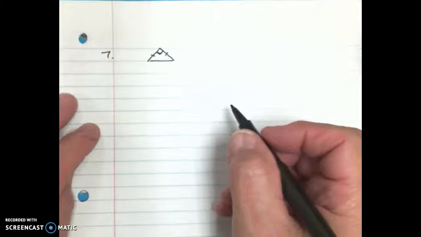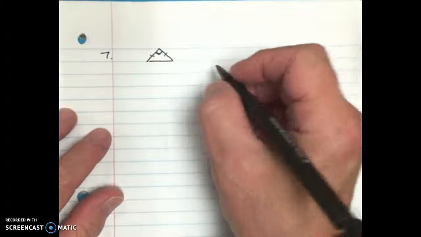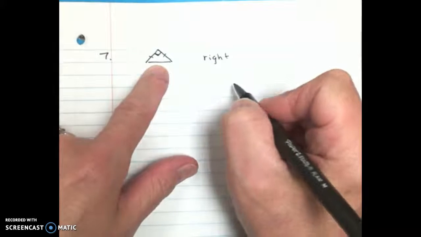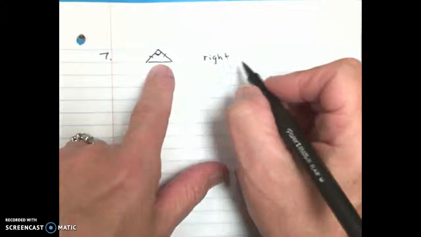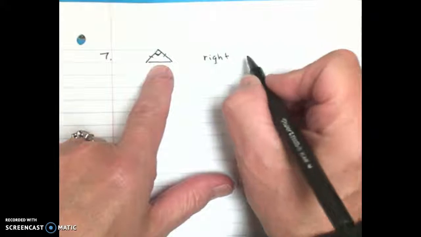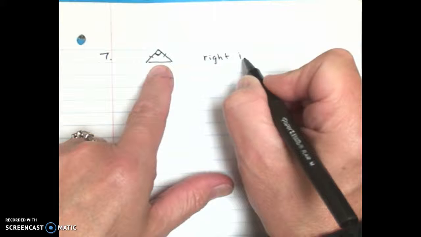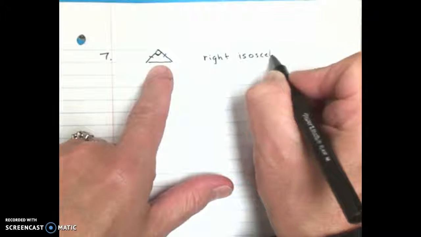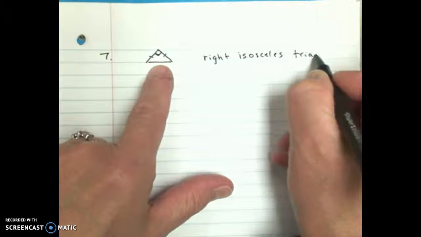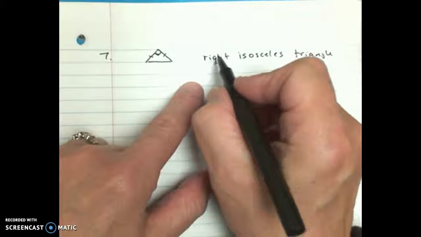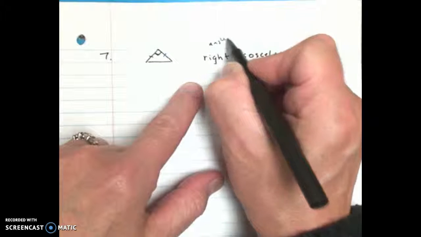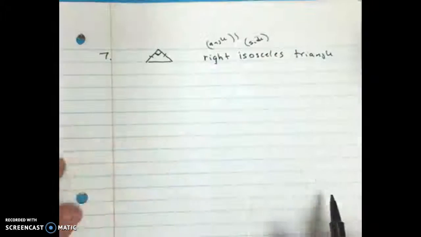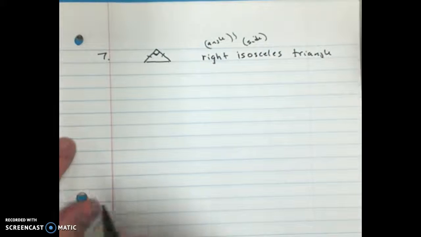The angle is telling us it's a right triangle because of the right angle. And it's also telling us that 2 sides are the same, and since 2 sides are the same, we call that an isosceles triangle. So it is a right isosceles triangle. We are classifying it by its angle, and we're classifying it by its sides, both. You don't have to write that part down, but just so you have the information.